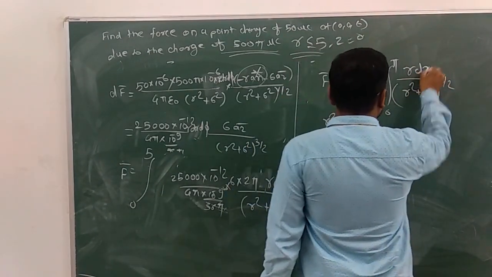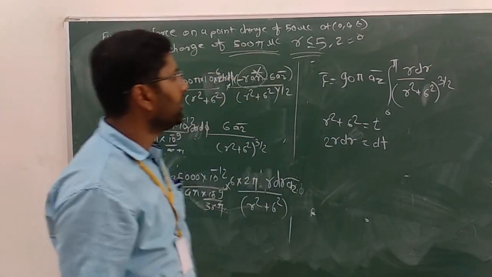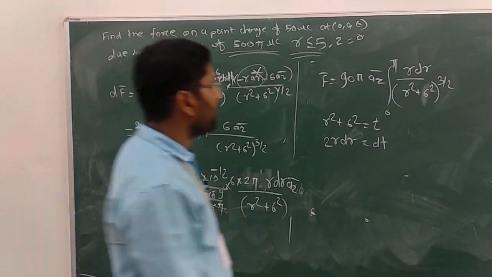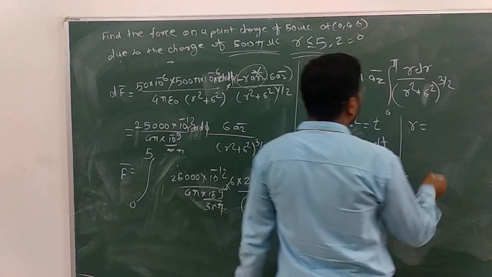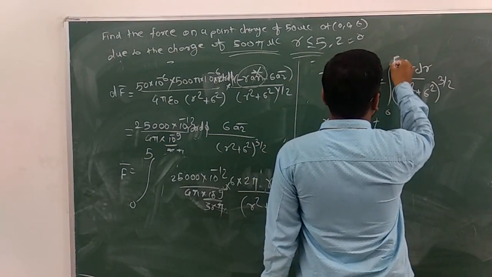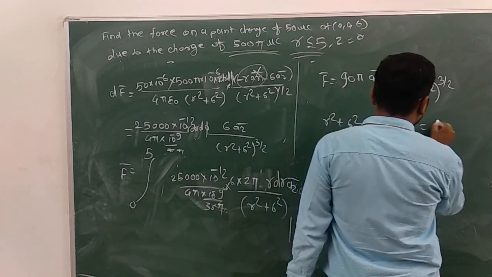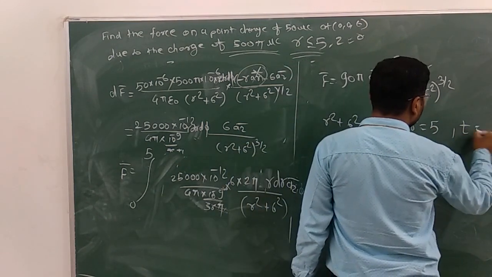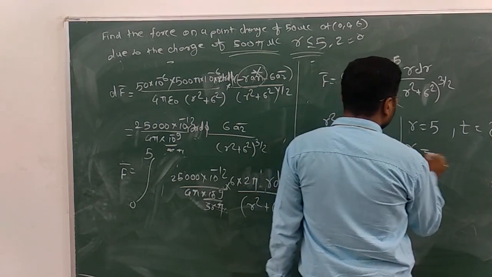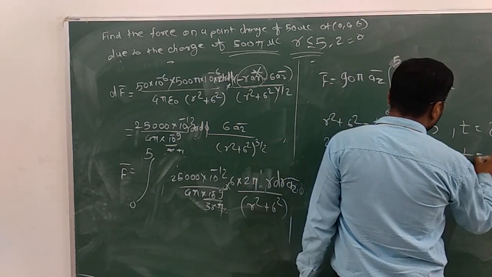Instead of r dr you have to write dt by 2. Change the limits: when r is equal to 5, what is t? When r is equal to 0, what is t?